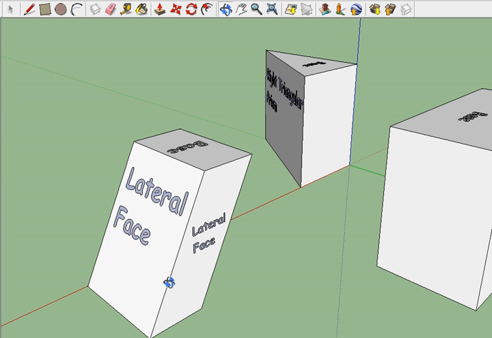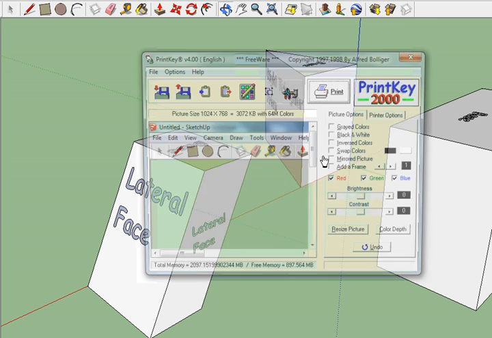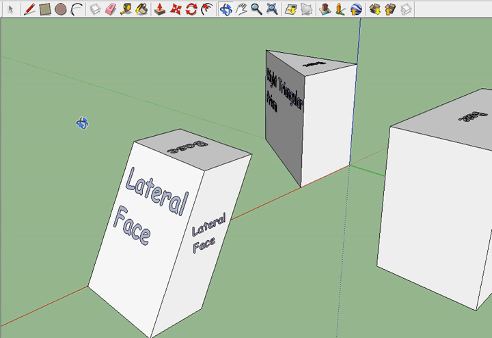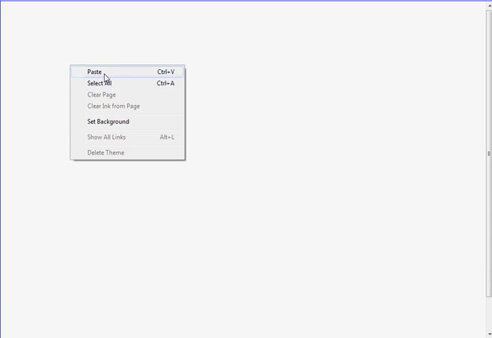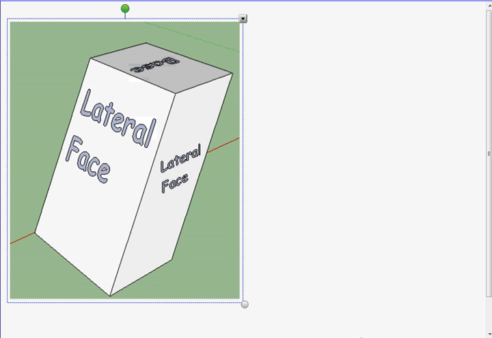And so this one in particular is called an oblique rectangular prism. Let's take a picture of this, and we'll label this in our notes here.